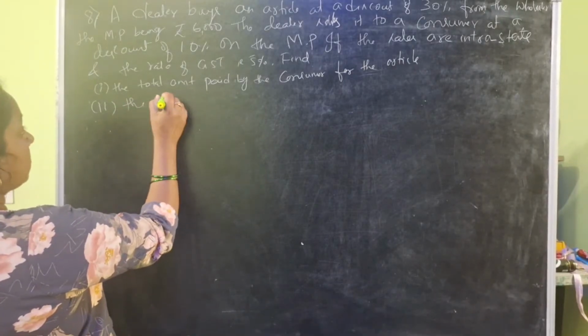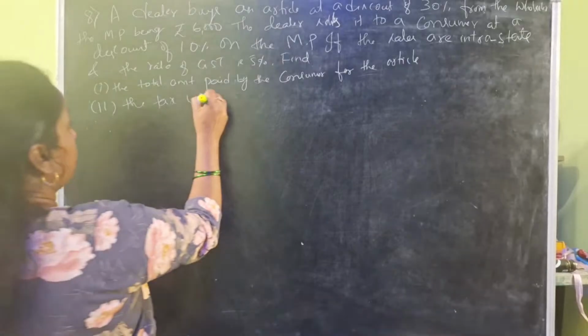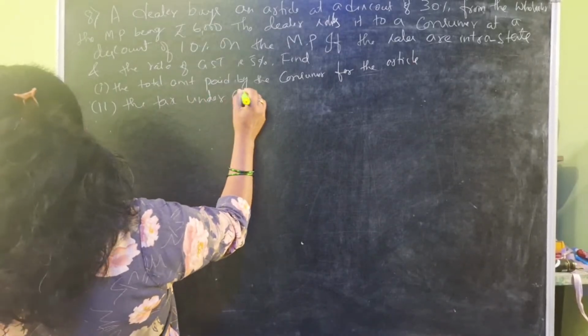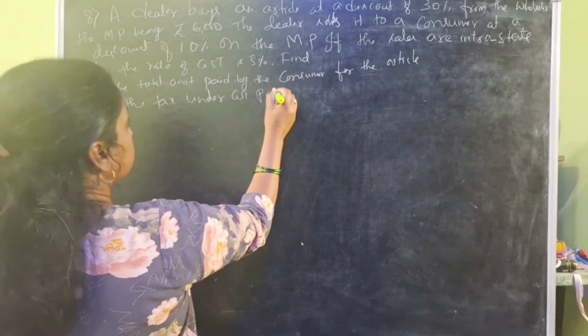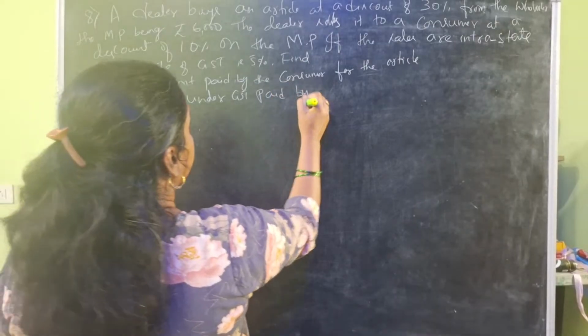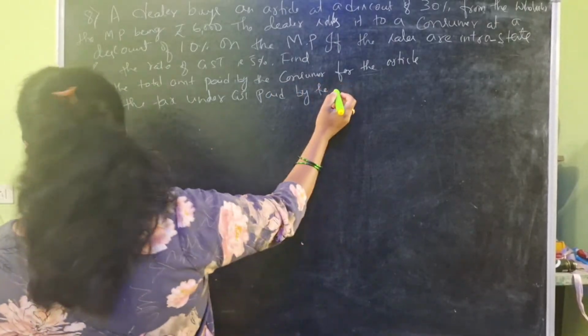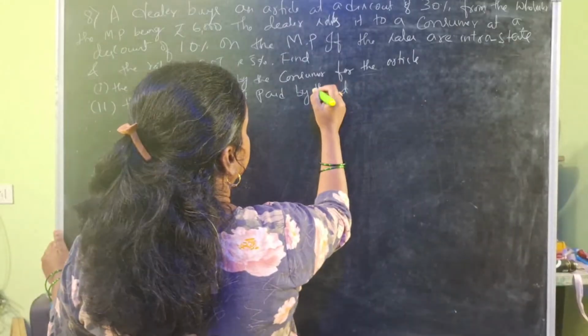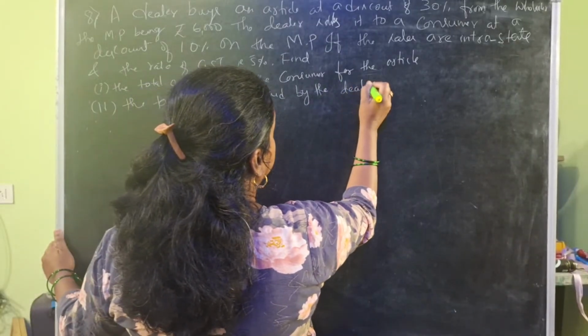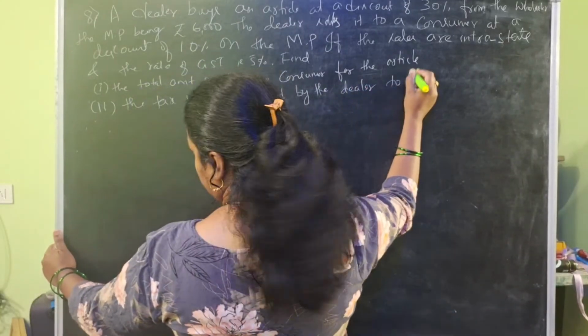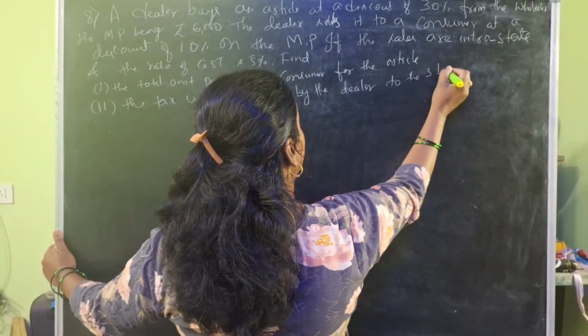The tax under GST paid by the dealer to the state government.